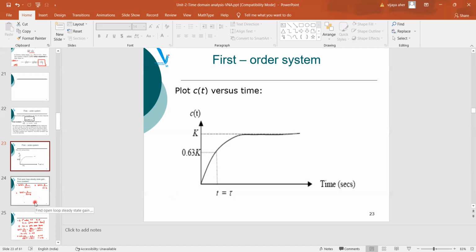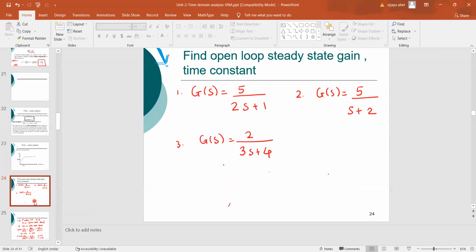Now, how to represent? Just take a small example of how to represent your first order system in two forms, pole zero and time constant form. Any doubt up to this? Any doubt, students? No? Okay, take an example.